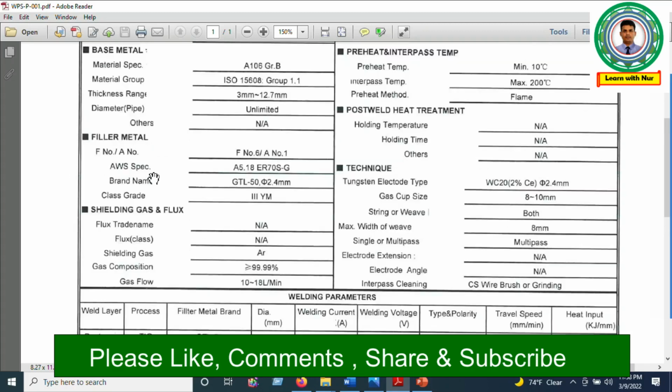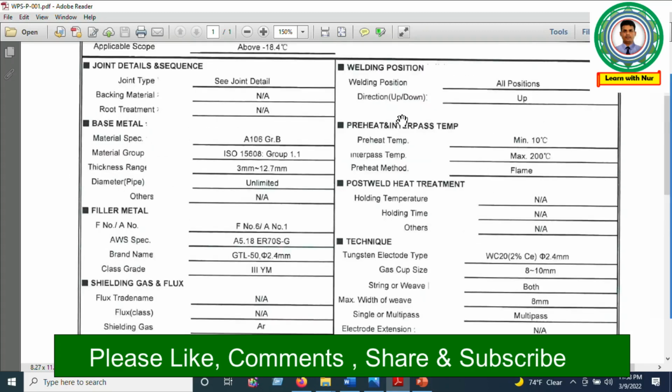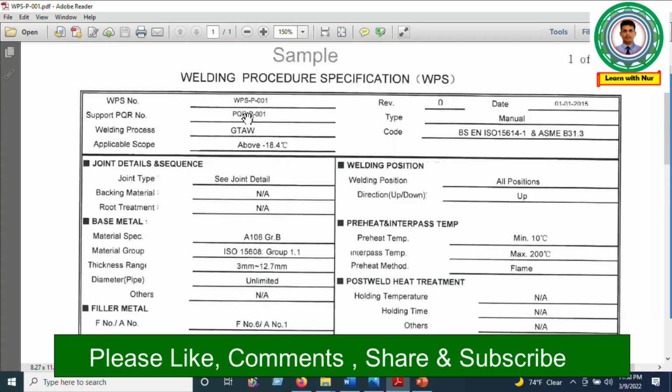I hope you understand this point. Then we go to the welding position. This WPS can cover all positions, 1G to 6G. For the 6G or 3G position, we have to start welding from down to up, so the direction is up.